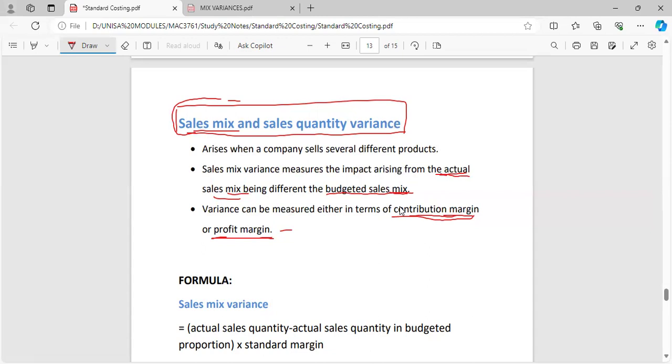I think in the contribution margin, we don't consider the fixed cost elements, and then the profit margin, so here we'll be using the variable cost, and here we'll be using the absorption.